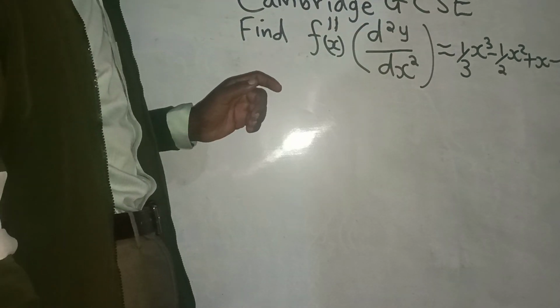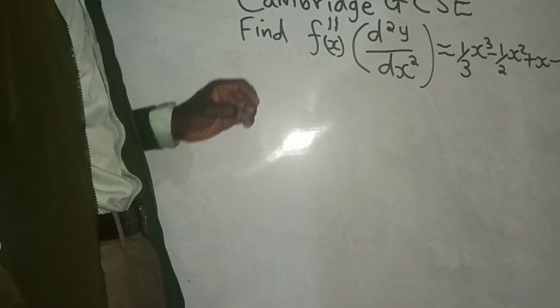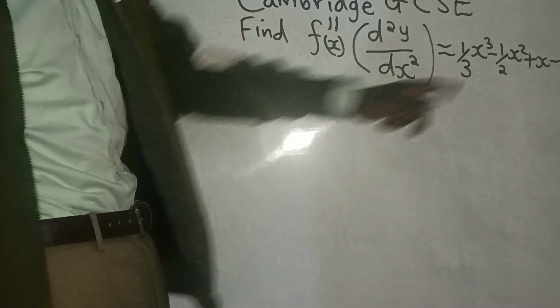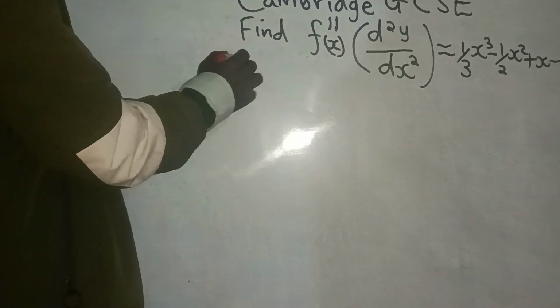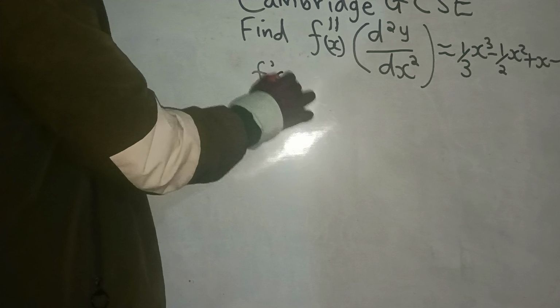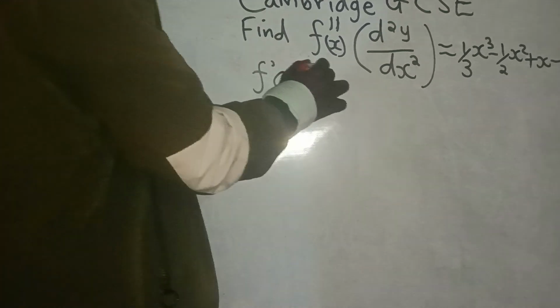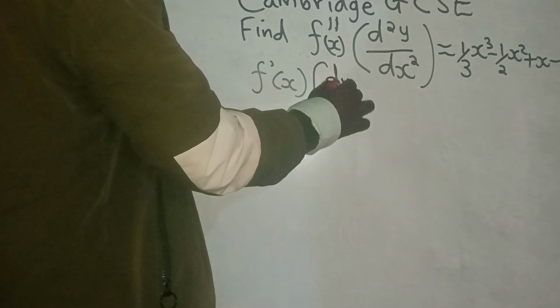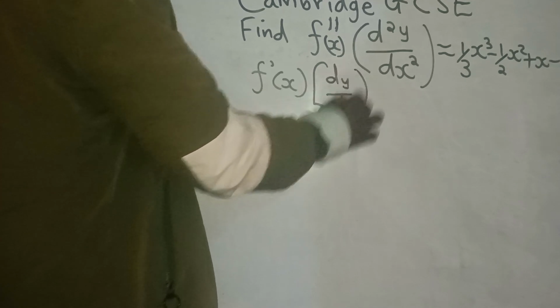So you're supposed to understand that we are going to differentiate this equation 2 times or twice. We shall first be able to get f prime with respect to change in x, or what we refer to as dy dx.